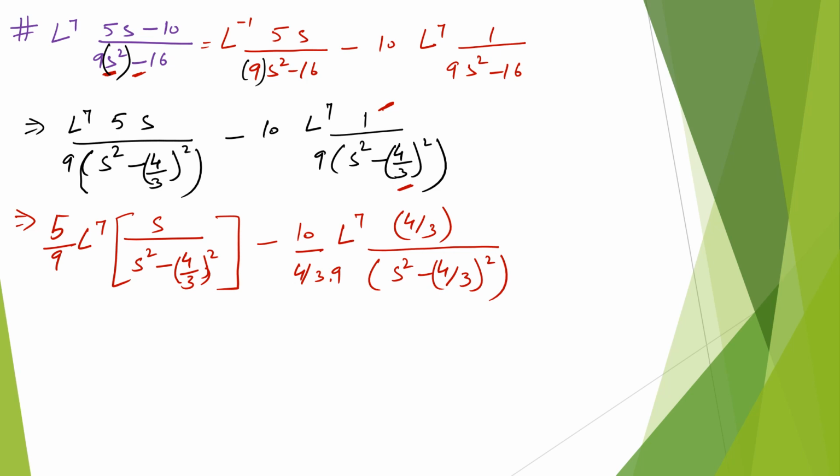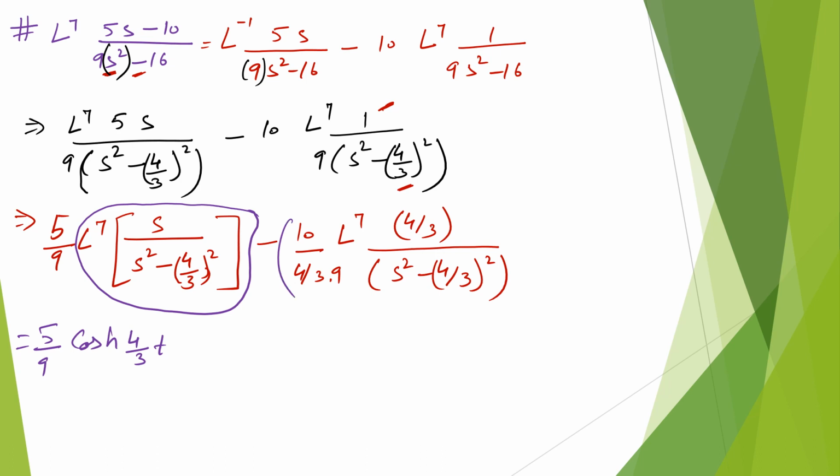Now for the solution, this will be converted into cos hyperbolic, that means 5 by 9 cos hyperbolic 4 by 3 t. For the other term, this is the numerical term.